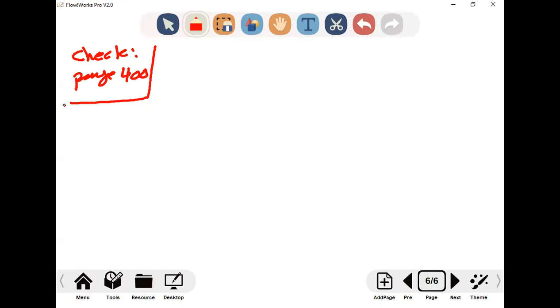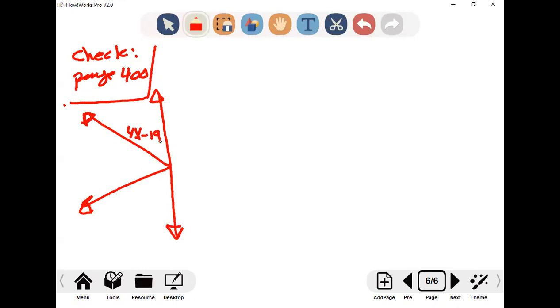I have this figure here, and I have something like this, right? And they wrote for me three angles. Here, 4x minus 19, 58, 3x plus 1, and this angle they call A, right?